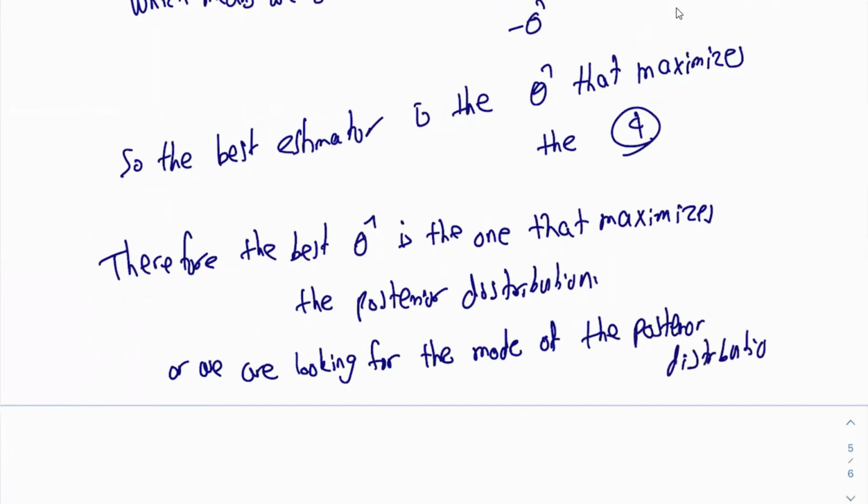They are all equivalent. This well-known estimator is known as MAP, maximum a posteriori probability, the one that maximizes the posterior distribution. During ML, remember, the goal was to maximize the likelihood. During MAP, the goal is to maximize the posterior distribution.